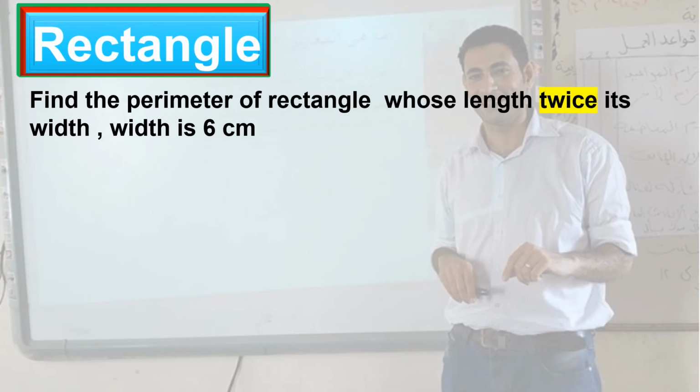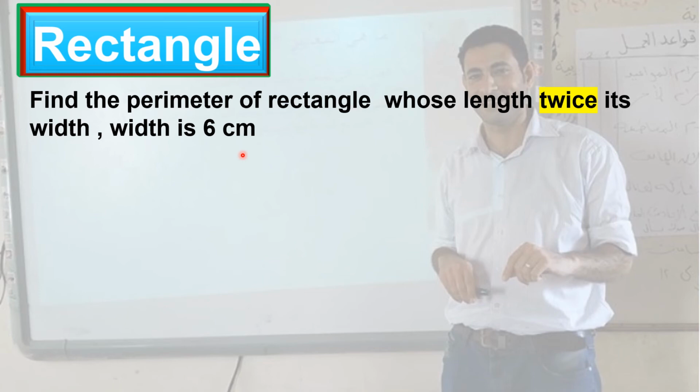Another one. Find the perimeter of a rectangle whose length is twice its width. Width is 6 centimeter. It tells us here that length is twice the width, and width equals 6.